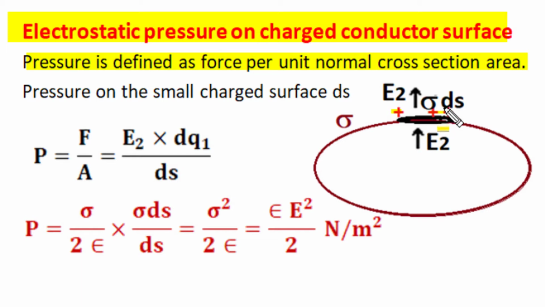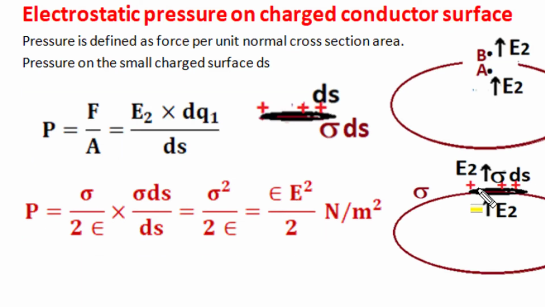So let's take a small elemental area ds. Elemental surface area ds has surface charge density sigma, which can be treated as constant over the surface. So this ds surface has sigma ds charge. Now this charge is placed in the electric field produced by the remaining charge surface, that is E2.